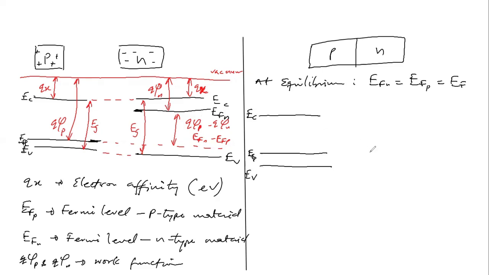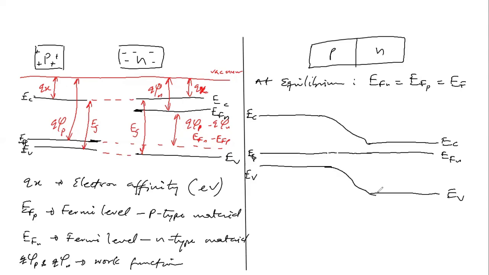And should this come down, that is EFN. So it means that the conduction band also comes down so that this can be equal, right? The way we have this, so we have EC here. So it means that the valence band also will come down, EV. So that is why the band diagram is usually something like this.